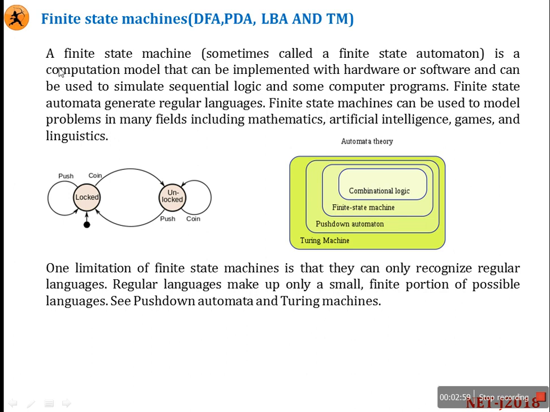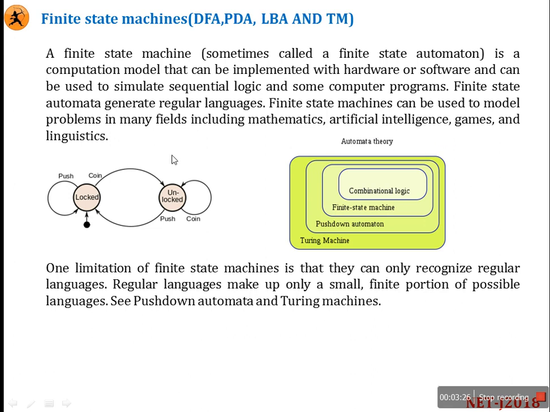First of all, understand what is a finite state machine. A finite state machine is a computational model that can be implemented with hardware or software and can be used to simulate sequential logic and some computer programs. A finite state machine generates regular languages. Finite state machines can be used to model problems in many fields including mathematics, artificial intelligence, games, and linguistics.